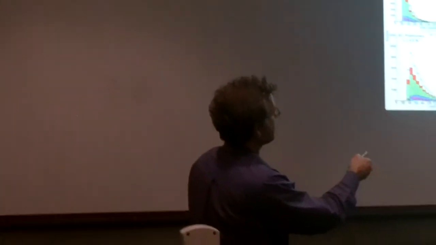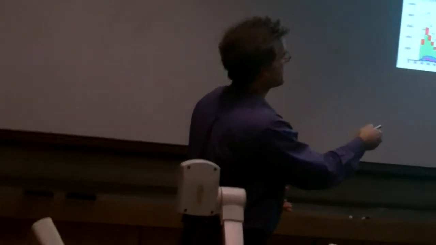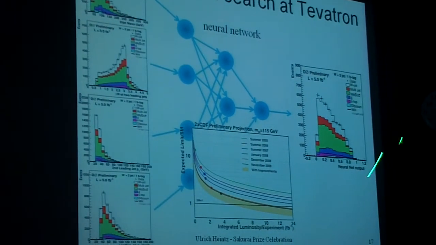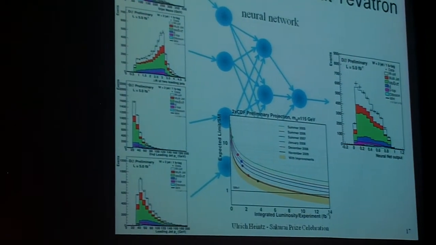And those are these curves. So if we did this analysis and we just continued it, and all we gained was the amount of data, then it would follow this curve. But the latest limit is down here. So by improving the analysis techniques, huge improvements were made in the sensitivity to these kinds of signals.